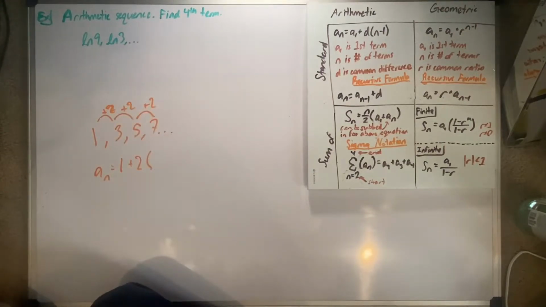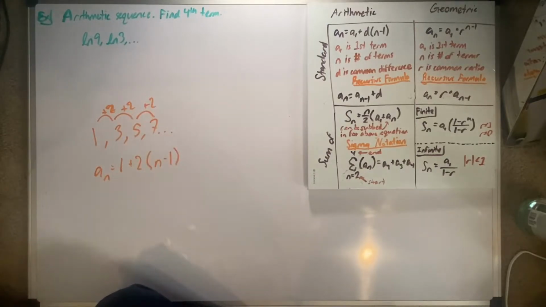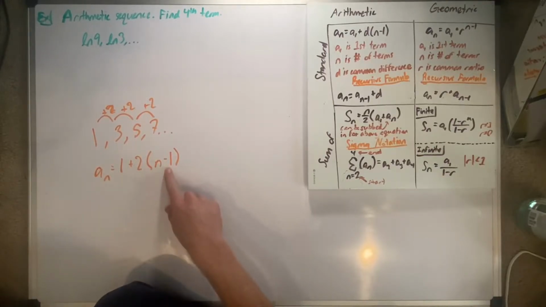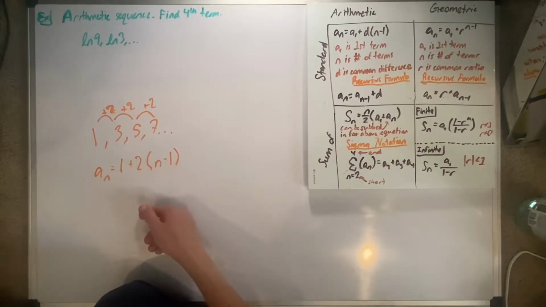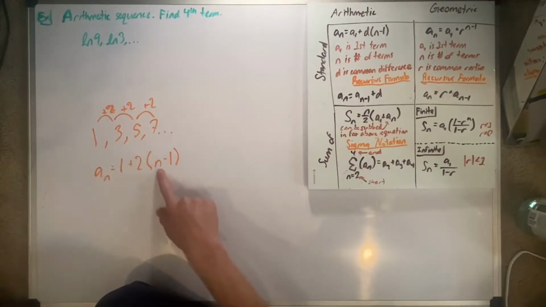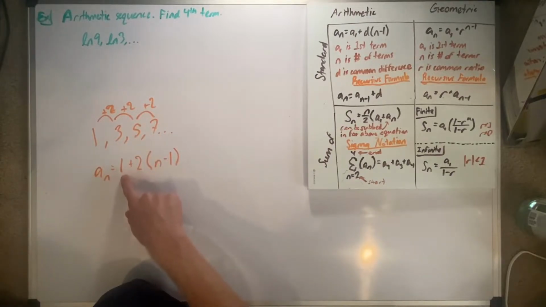So 2, and then n minus 1 is just how many terms we need to go by. But notice that it's n minus 1 because we already count the first term. So it's just n minus 1 to say it's that many terms back from the number 1. So if we're trying to do the second term here, n would be equal to 2, which means it's 1 past 1. So it would be 1 plus 2.